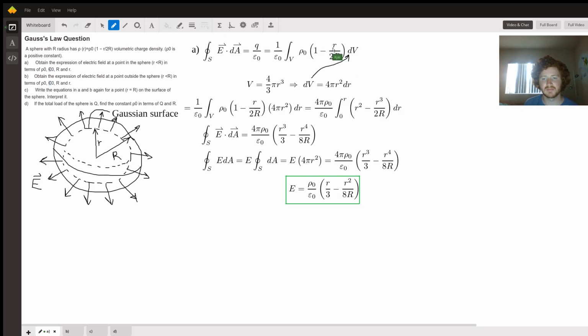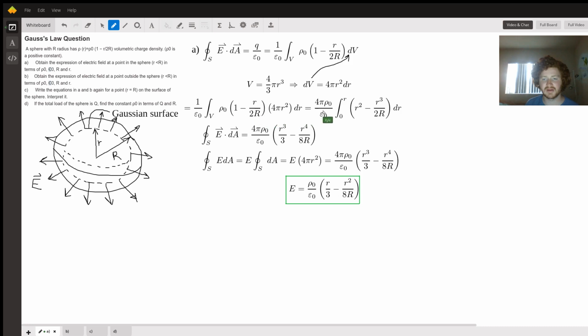But our variable is r and we want to integrate with respect to V, so we need to do a substitution. We find the volume in terms of the radius, take the derivative, and get dV in terms of dr. So 4 pi r squared dr. You plug that in here, so instead of dV, you have 4 pi r squared dr.